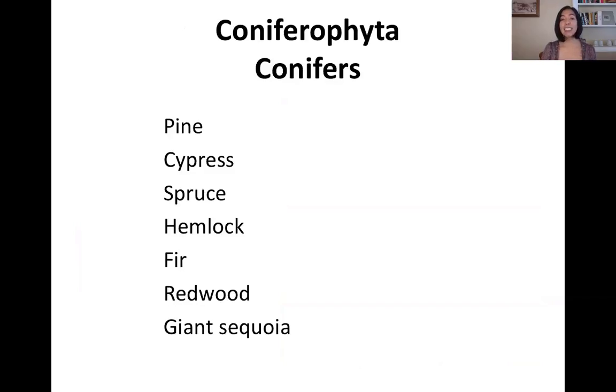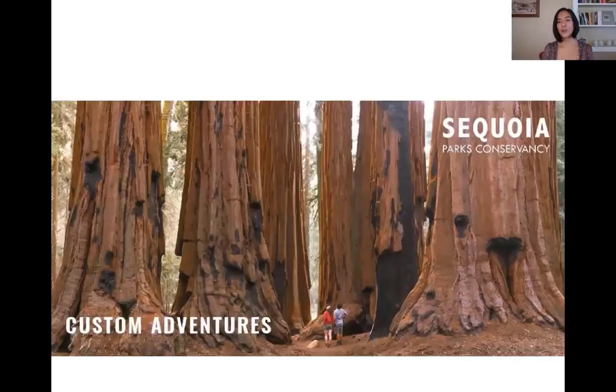The fourth group is Coniferophyta, or conifers, and probably you are familiar with some of these: pine, cypress, spruce, hemlock, fir, redwood, and obviously our beautiful giant sequoias. This is a picture showing the beautiful giant sequoias in the Sequoia Park Conservancy.